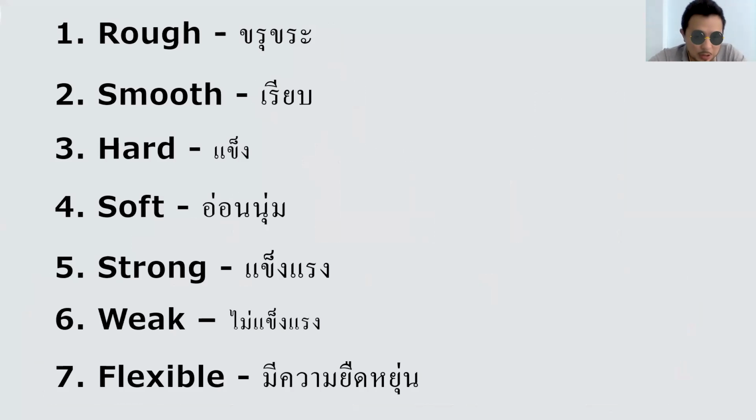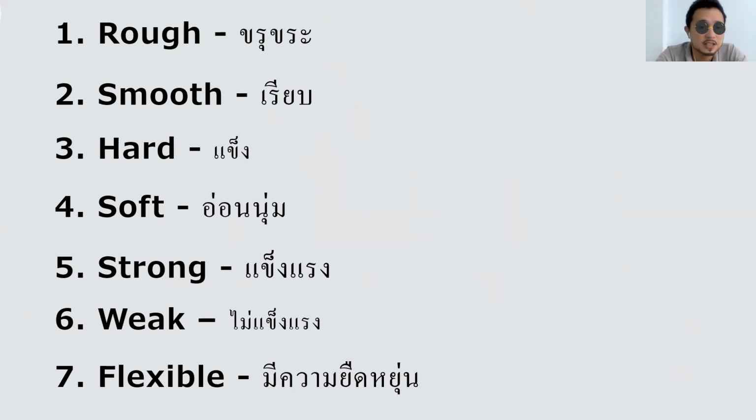Now we will learn the vocabulary first in order for you to be familiar with the topic that we are going to talk about. Number one, here we have rough. Rough. I want you to follow rough. The translation is there. Number two, smooth. Number three, hard.